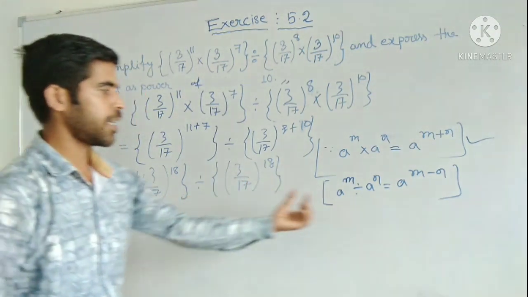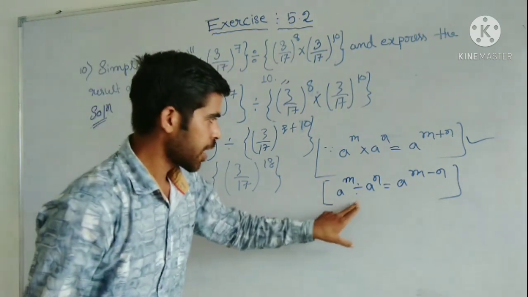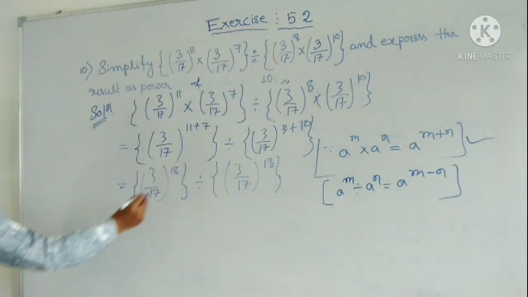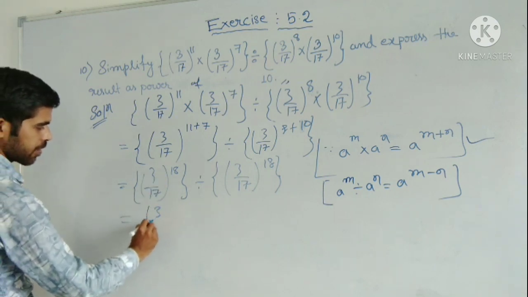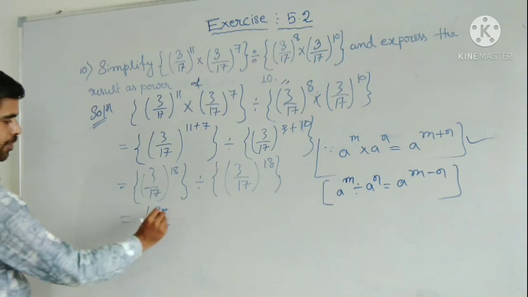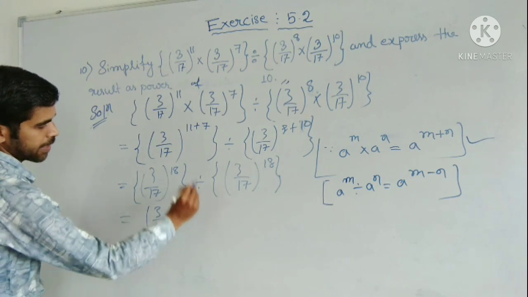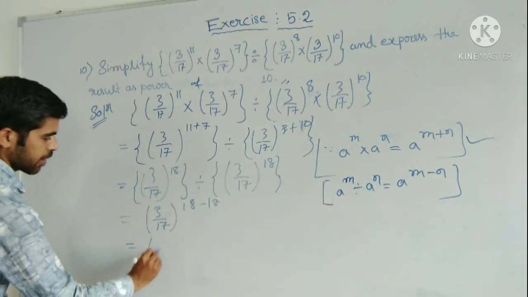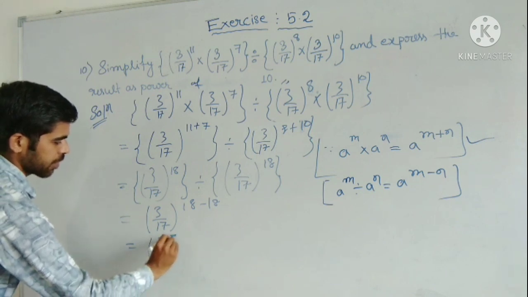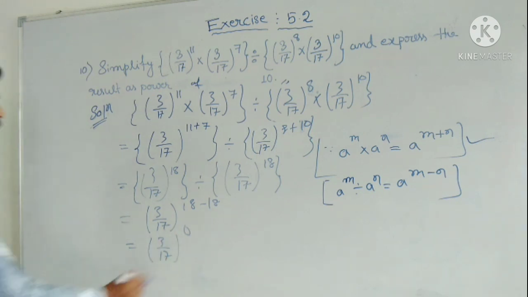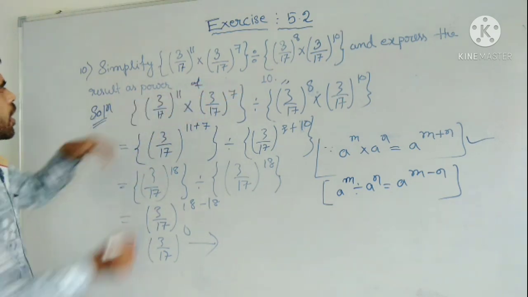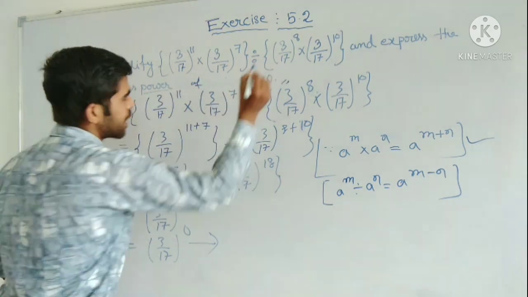Now their division sign, you see, according to laws of exponents, division sign, then this minus, m minus n. So here 3 by 17 to the power 18 minus 18, that is 0. Okay, so according to the question, you have to write this power as 10.